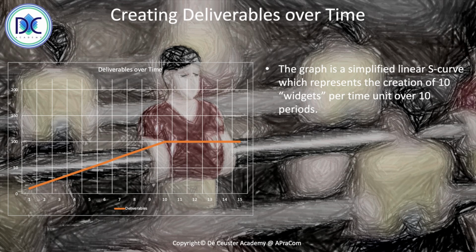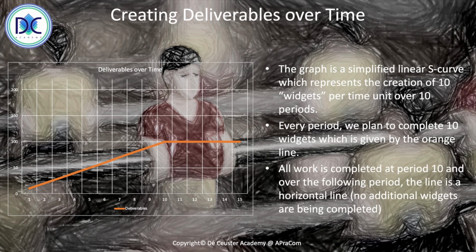So these are the deliverables that we plan to create, expressed as deliverables. Every period we plan to create 10, and all work is completed at period 10 because we completed all the widgets. And of course, then we have a horizontal line, which I only draw there as a way of construction, just to show that after period 10, we don't create more widgets.